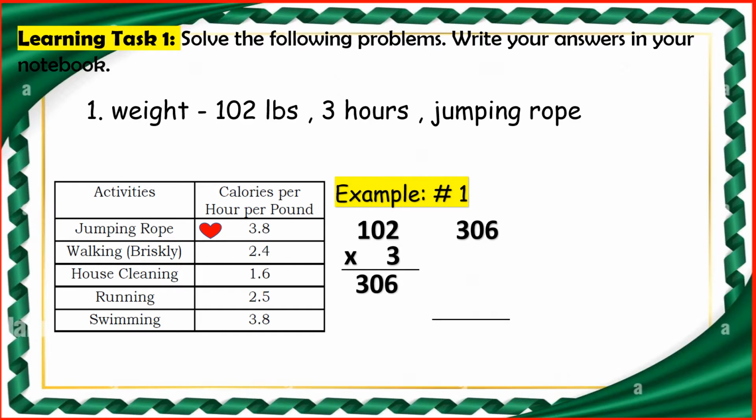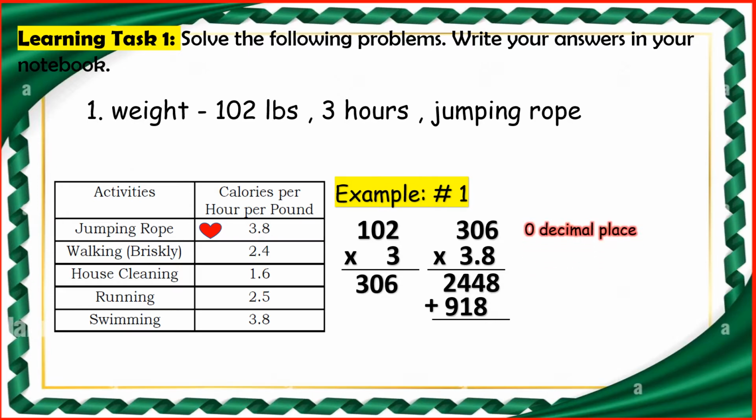So 306 times 3.8, which is the calories per hour per pound using the jumping rope. We multiply first 306 by 8, and the answer is 2,448. And 306 multiplied by 3, the answer is 918. Then we will add 2,448 plus 918.